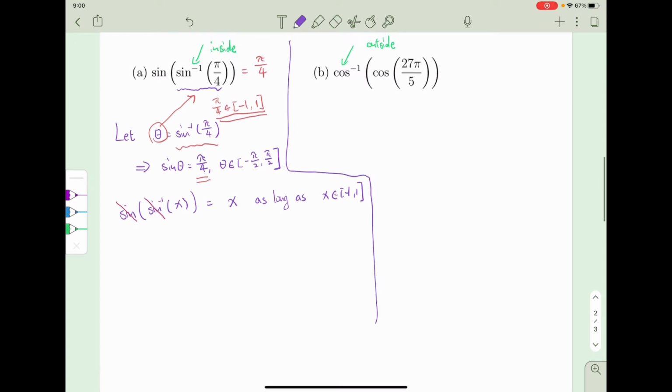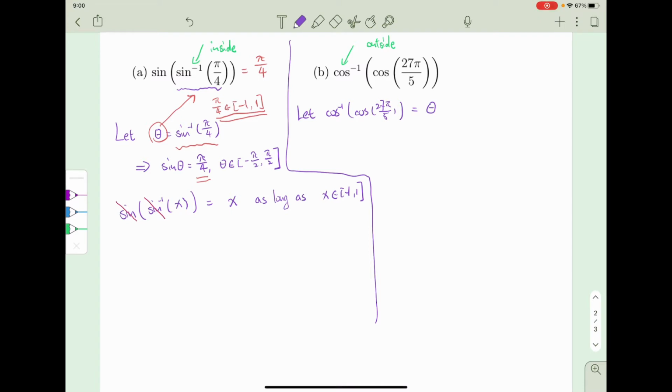For the second one, same step. Whenever you see an inverse function, you will let this thing equal to theta, right?